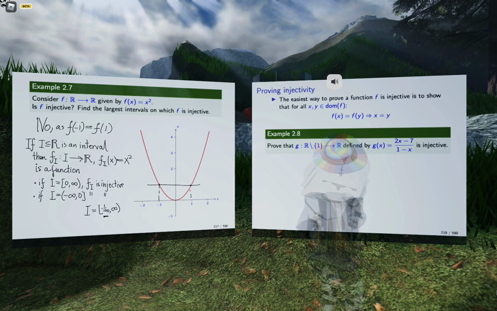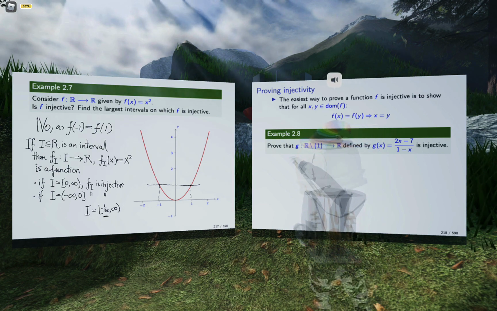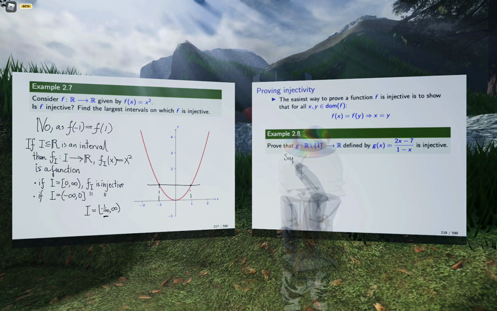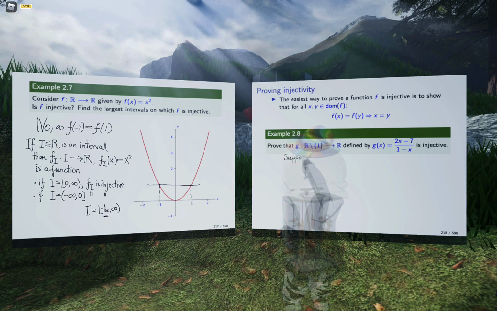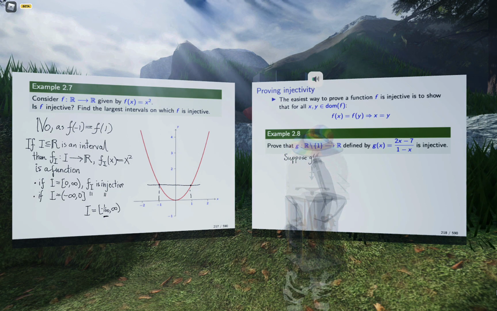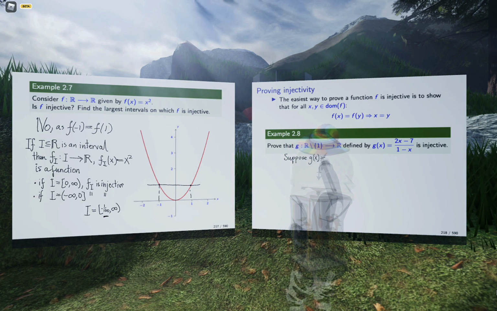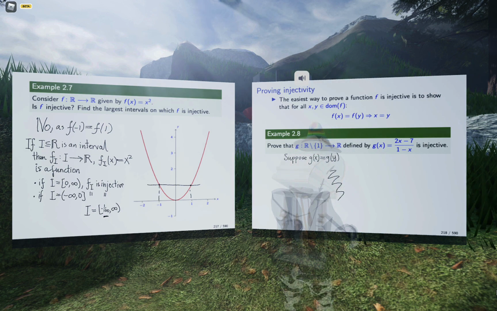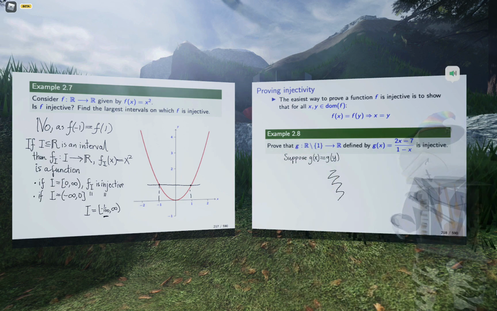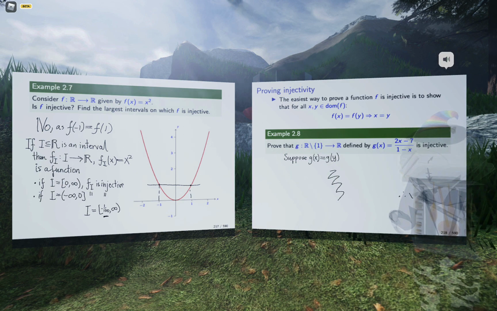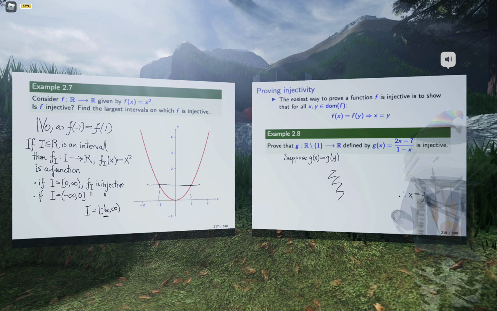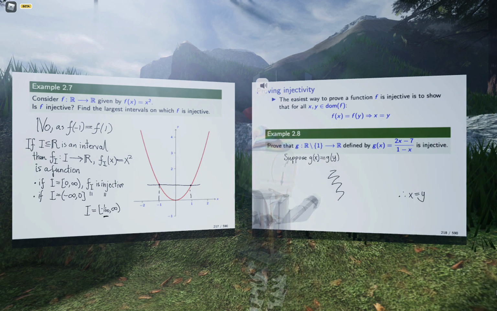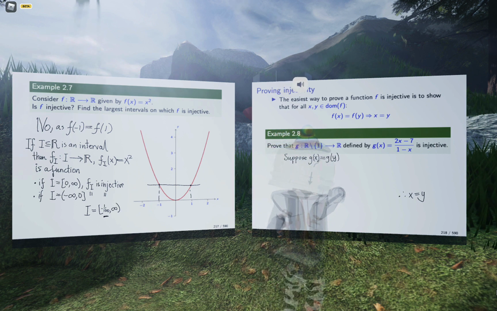And this is pretty convenient for proofs, because what you do is you start the proof by saying, suppose g(x) is equal to g(y), blah, blah, blah. You do some stuff, and you end up with, therefore, x equals y. So you're done.